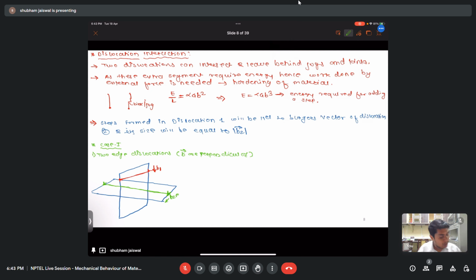Okay, so according to the procedure, the steps formed in dislocation 1 will be parallel to the Burgers vector of dislocation 2. So if we draw, what will we get?